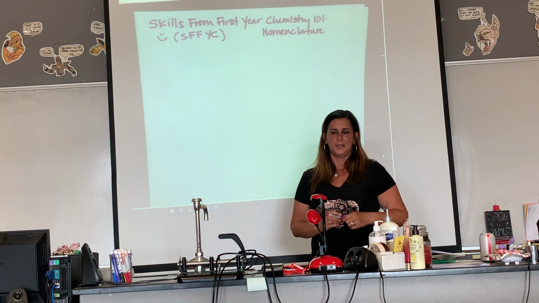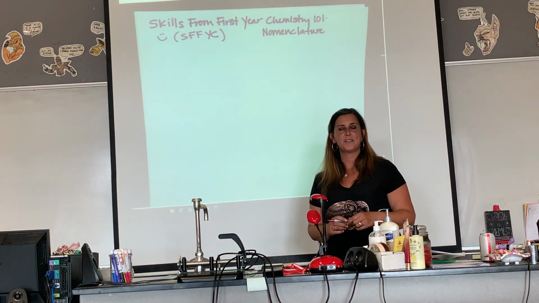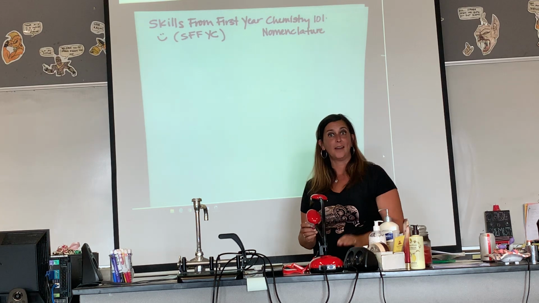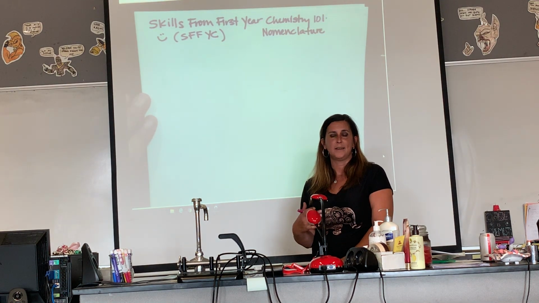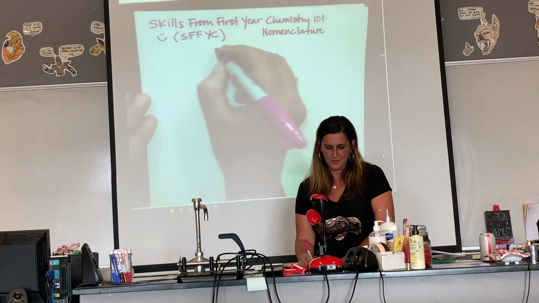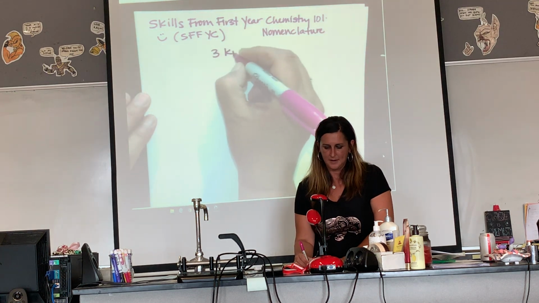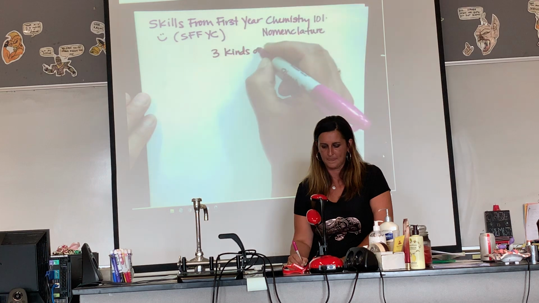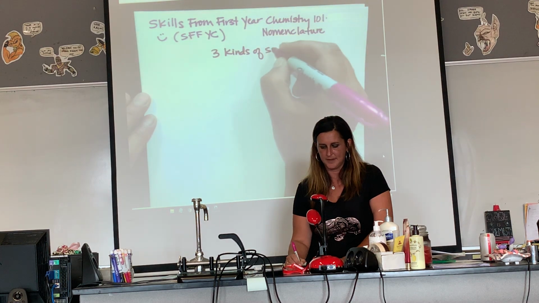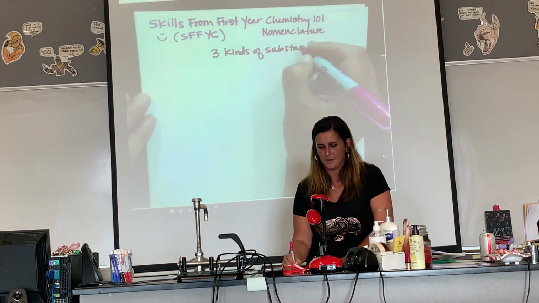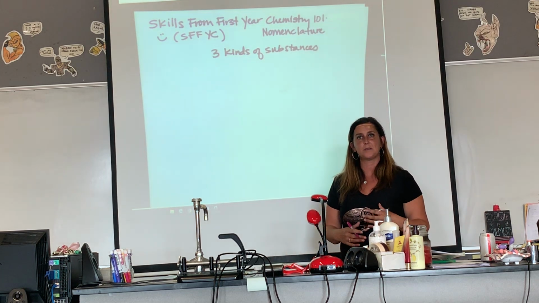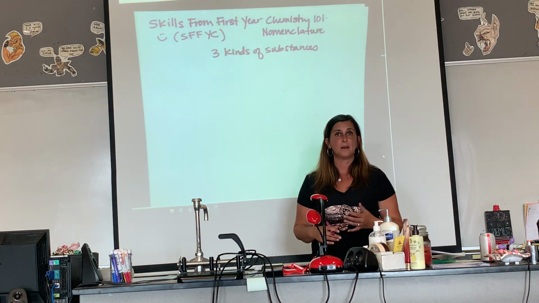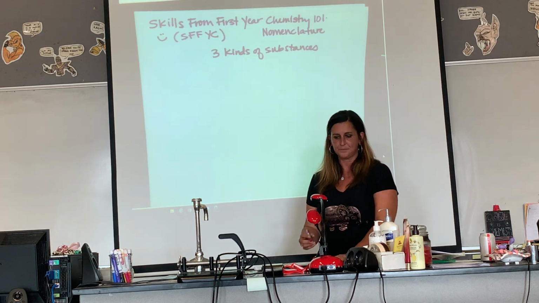compounds. So we want to first understand that there are three kinds of chemical compounds that we learn to name in chemistry. So there's three kinds of substances. And we want to work on being able to recognize those substances based on either their name or their formula.